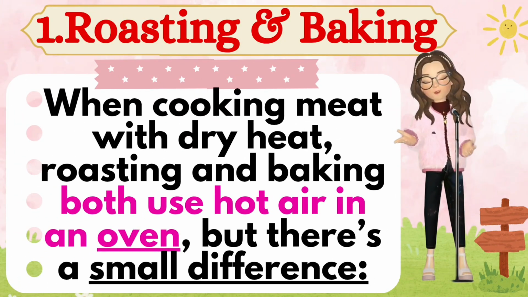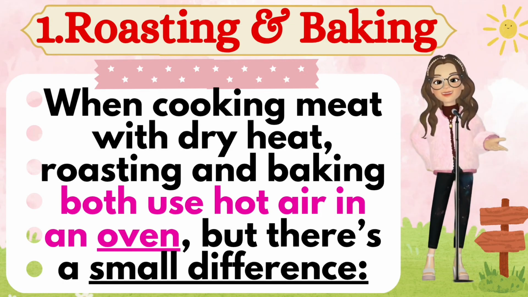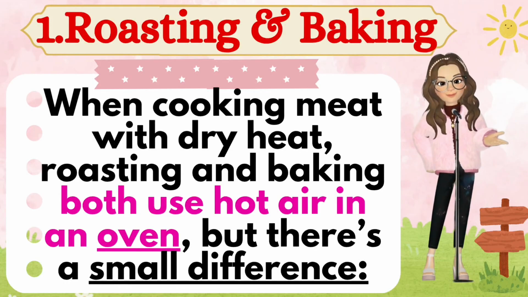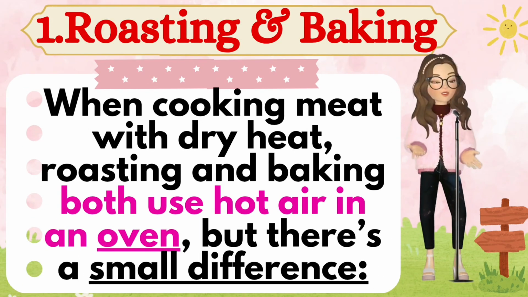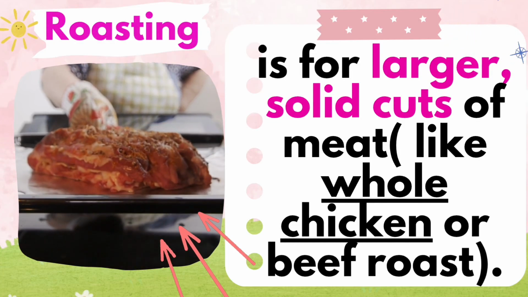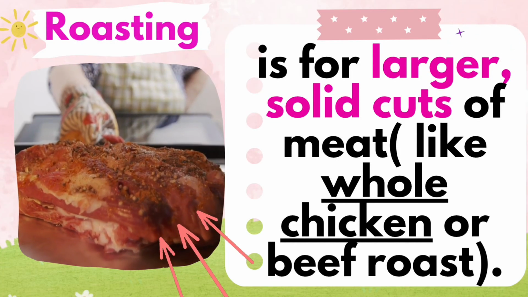1. Roasting and baking. When cooking meat with dry heat, roasting and baking both use hot air in an oven, but there's a small difference. Roasting is for larger solid cuts of meat like whole chicken or beef roast.